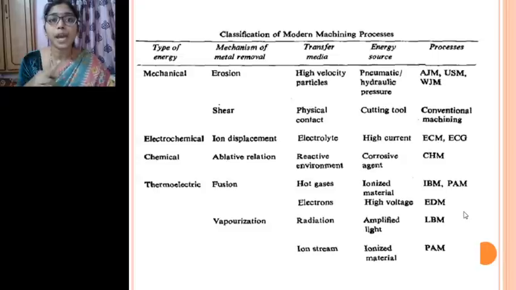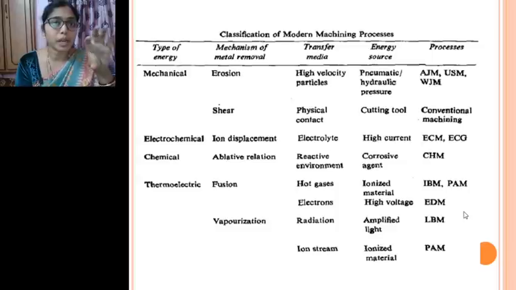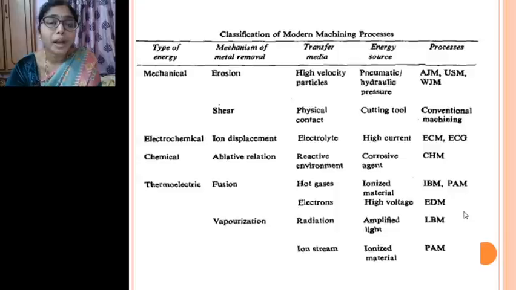When the electrons and ions move from one surface to the other surface, this movement will increase the surface temperature. Like we have studied in the arc welding process, there also when you connect a workpiece as an anode and tool as a cathode, and when it is connected to a power supply, due to the gap voltage difference between the tool and the workpiece, there will be movement of electrons and ions from one surface to the other.